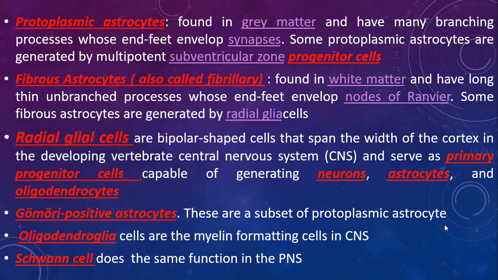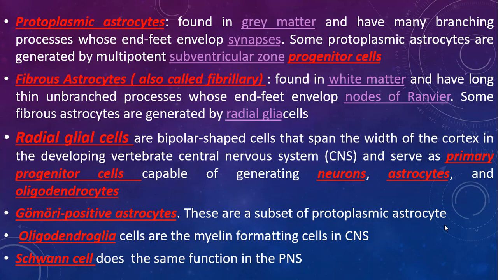Fibrous astrocytes, also called fibrillary, are found in white matter and have long, thin, and branched processes whose end feet envelop nodes of Ranvier. Some fibrous astrocytes are generated by radial glial cells.